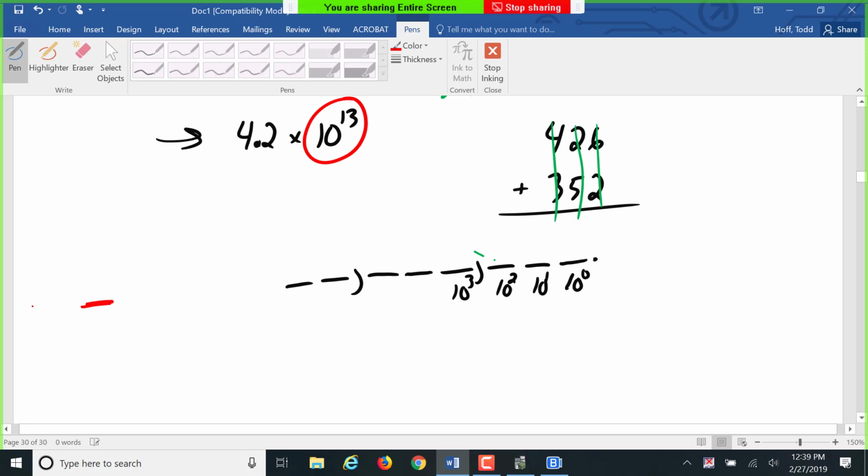What that's saying is that 4 is in the 10 to the 13th place value. So this is an extremely large number. So when we're looking at scientific notation, to go back to the terminology we used that first week, the 4.2 is our count. The 10 to the 13th is our place value, or the name.